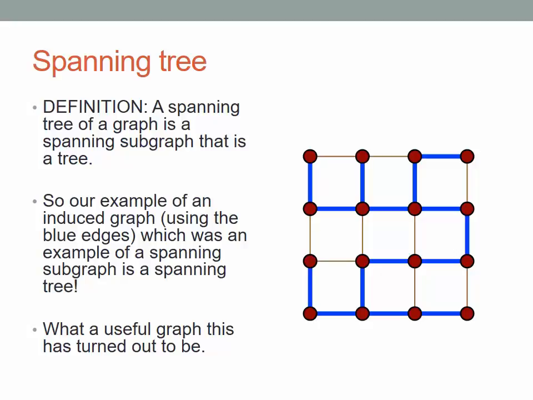So the subgraph induced by the blue edges is a spanning subgraph, since its vertex set is the entire set, and it is a tree since it is connected and has no cycles, so it is a spanning tree.